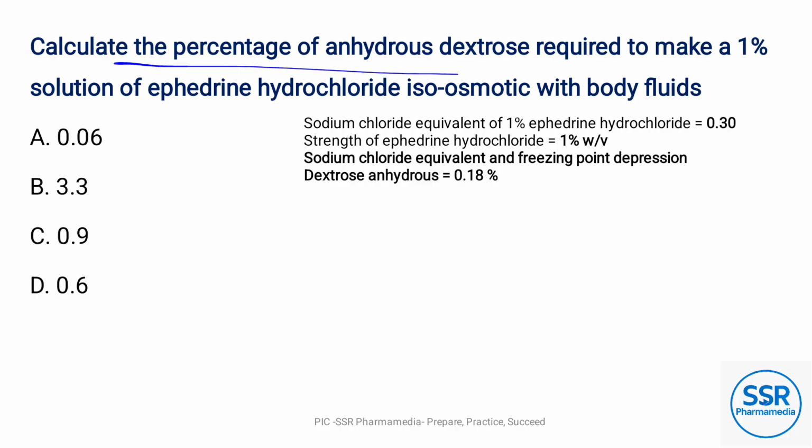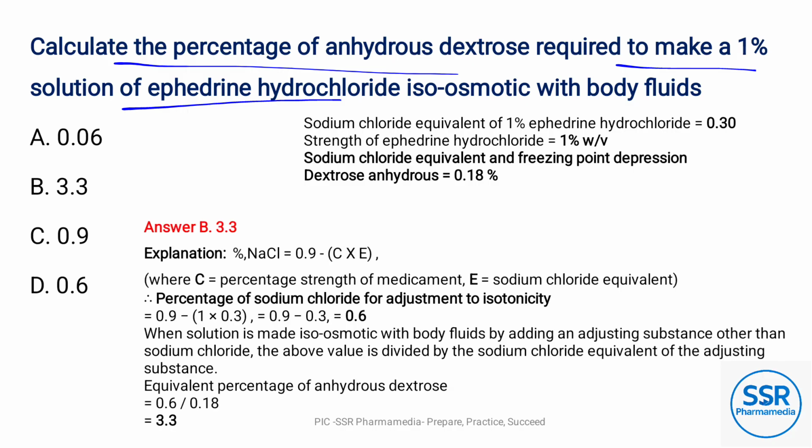Calculate the percentage of anhydrous dextrose required to make a 1% solution of ephedrine hydrochloride isoosmotic with body fluid. Here also it is the same. C is the percentage of medicament, which is 1%, and the sodium chloride equivalent is 0.3.